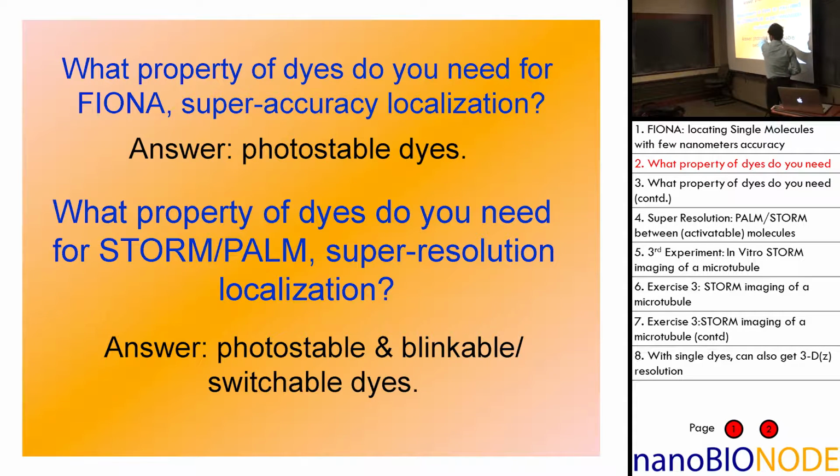Yes, you want them to be photostable, but you want them to blink, or to be switchable. So if you have two of them here, and they're very close, you're going to excite both of them if you excite them hard, but if you turn down your intensity enough, only one of them will be excited.